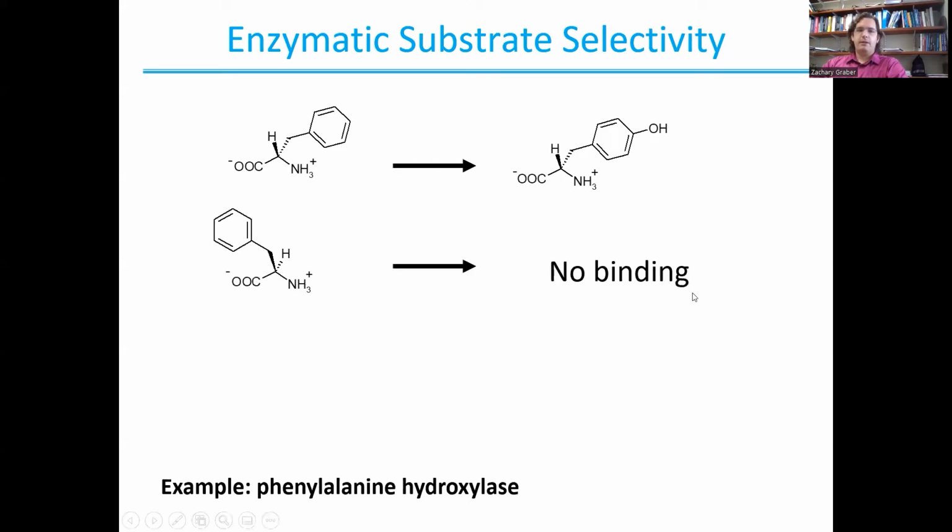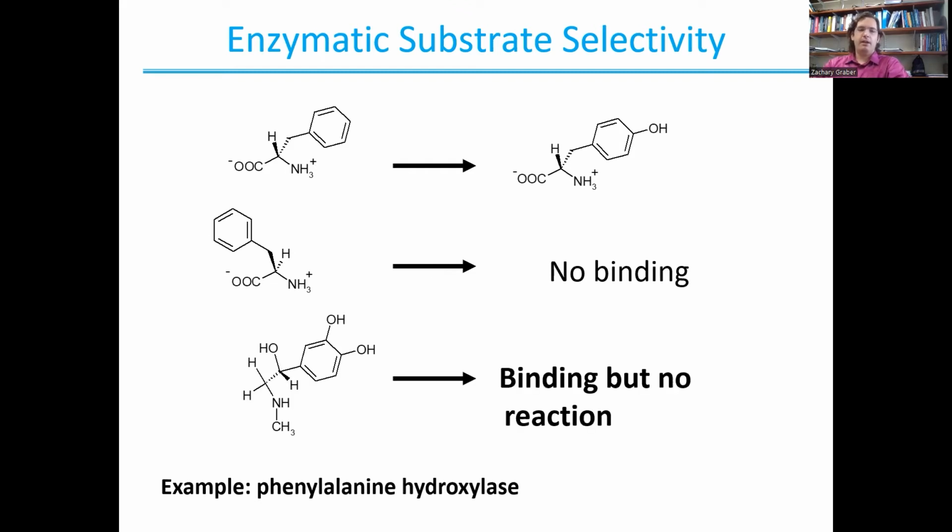Now, of course, if you compare this to our other enantiomer of phenylalanine, we need to be able to selectively not bind to our enantiomer, because we don't want to be creating the wrong enantiomer of tyrosine. So in general, we want to be fairly selective about what molecules we're able to bind and react with. Now, it is still true that we can have multiple molecules that might look similar, binding in the same enzymes and reacting there.